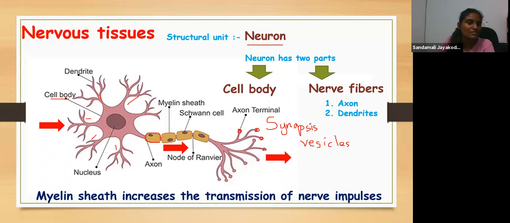That means it takes the nerve impulses to the neuron and then it is sent to the axon. So the axon transmits nerve impulses away from the cell body. So these red color arrows are giving the direction of the transmission of nerve impulses.